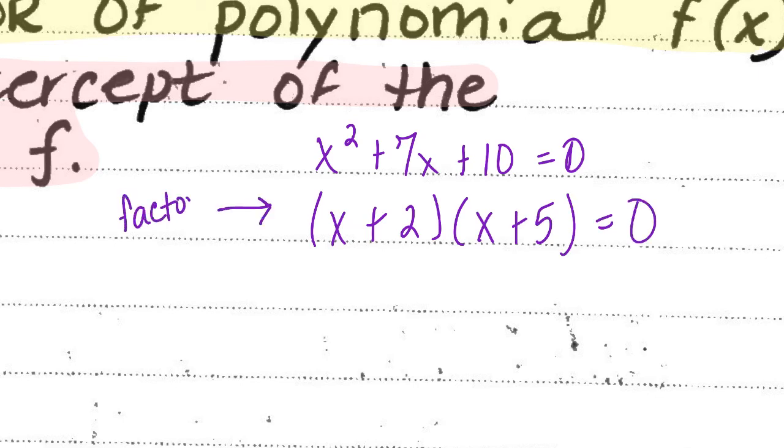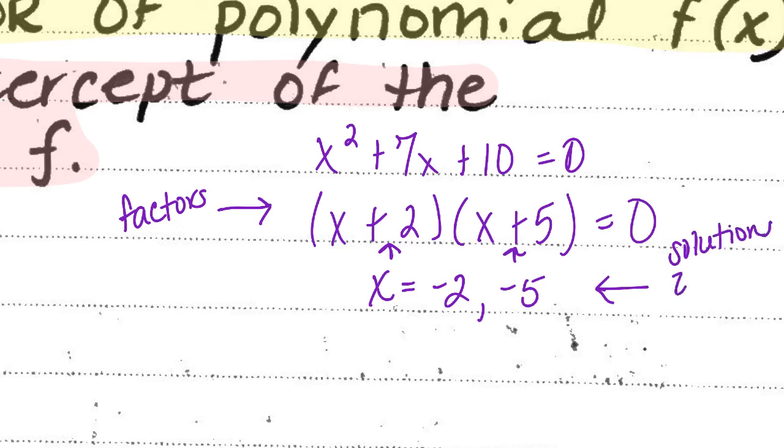We factored it, and that's what the above is saying. And then when we solve, we said, oh yeah, x is equal to negative 2 and negative 5, and these we called solutions, zeros, roots, and it's also telling us that these can be the x-intercepts.